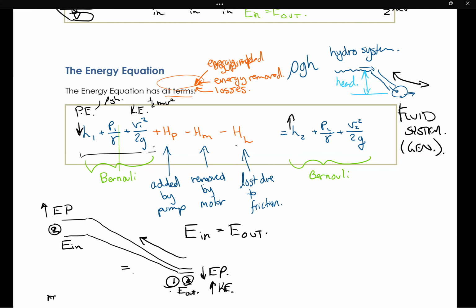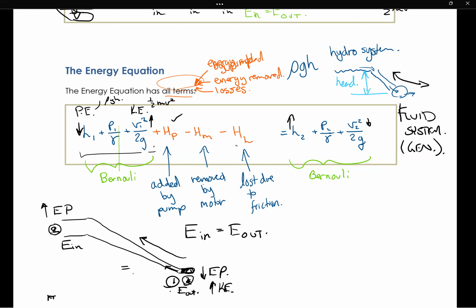I'm going to have the pressure out 1, and then I'm going to have the velocity at 1, and it's going to be different than the velocity at 2. That's going to be actually slowing down, and this one's increased because it's a smaller diameter. But here, I put a pump at the bottom of the system, and the pump is going to make the fluid flow up. So I had to add a lot of energy from that pump.